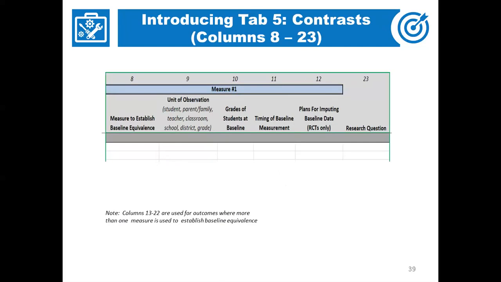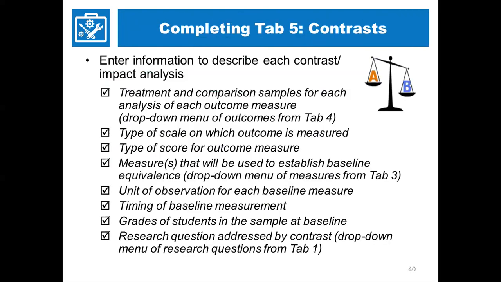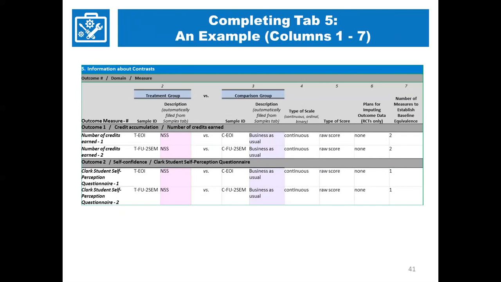Finally, you're going to link each row of the contrast tool to one of your research questions. Again, here's the list of all the information you're going to need to complete the tab, as a sort of checklist. But let's go to an example of a completed, at least part of a completed, contrast tool for our hypothetical study, because I think it becomes a little clearer.